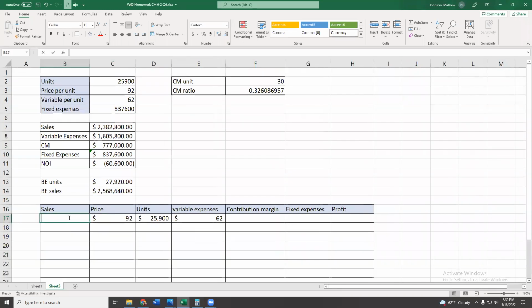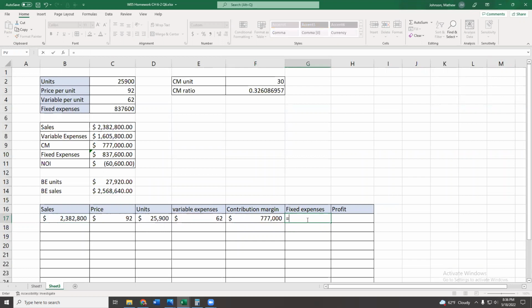The sales are the price per unit times the units. The contribution margin is sales minus the total variable expenses, so we open parentheses and do the variable expense per unit times the units and close parentheses.